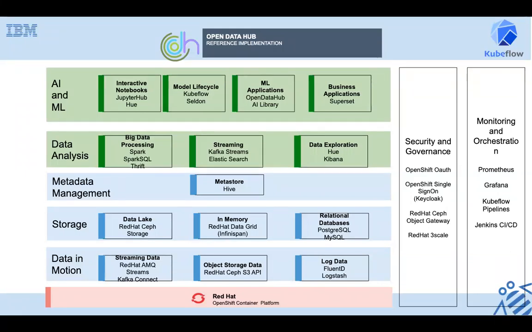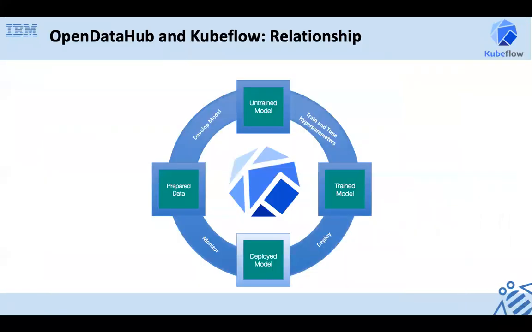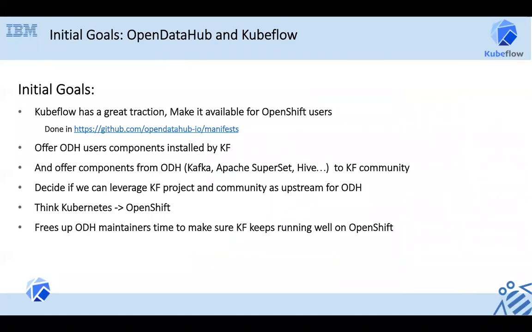Okay. So I was talking about the technologies which Open Data Hub has mapped, right? Now, what's the relationship between Open Data Hub and Kubeflow? Right. Around the end of last year, Open Data Hub started looking at Kubeflow and the strong focus on machine learning and AI, and wanted to ensure that becomes one of the linchpins of Open Data Hub for ML and AI.